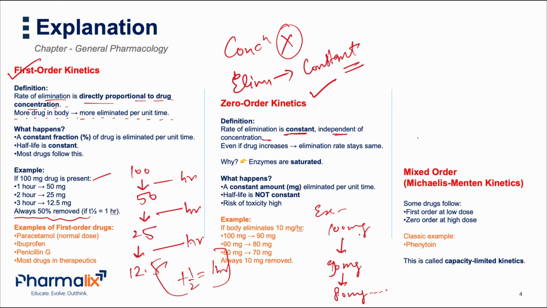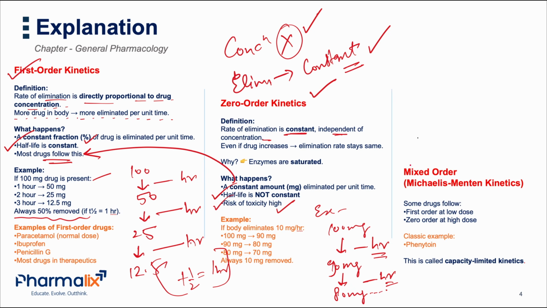So every hour 10 mg is removed, so the elimination becomes constant no matter the concentration. Here the half-life is not constant and the risk of toxicity is high, and you can compare it with first order, where the half-life is constant and most drugs follow first order kinetics.